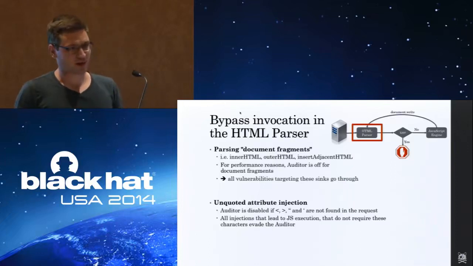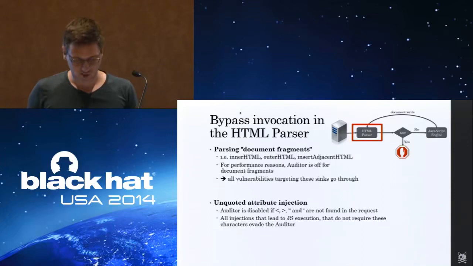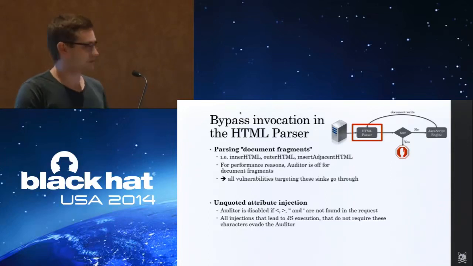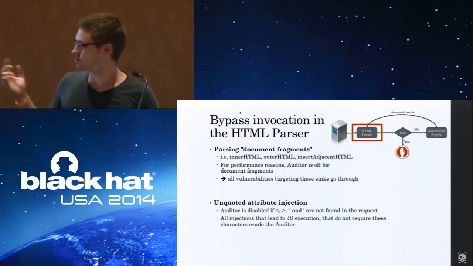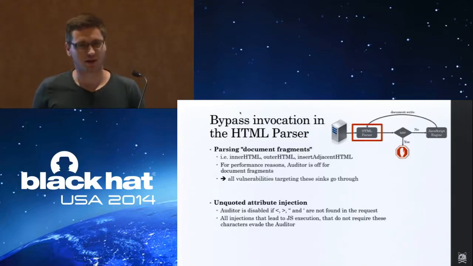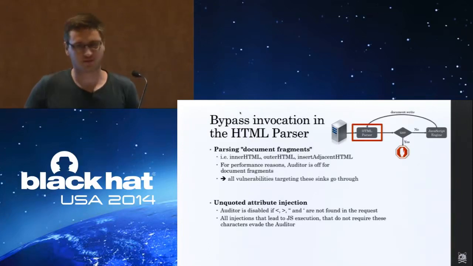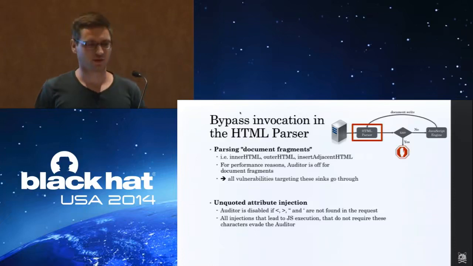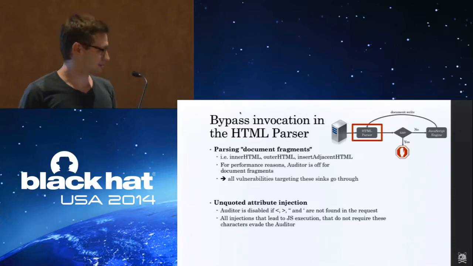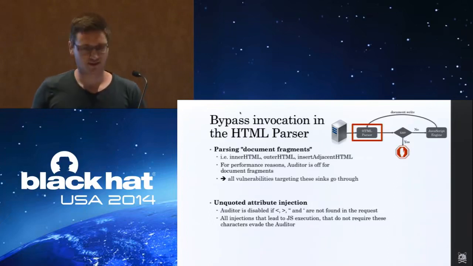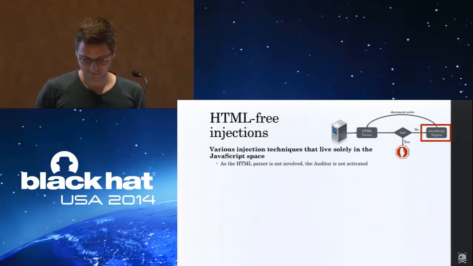I don't have to break out of the existing tag either, so I don't need the lesser or greater signs. So there are situations where you can get past the auditor because it's just not invoked because of this matching rule. Again, this is for performance reasons, because Google says the likelihood that you will find a vulnerability that can be executed without these characters is pretty slim.